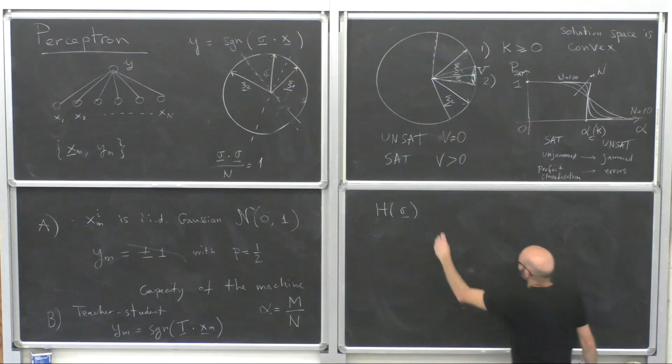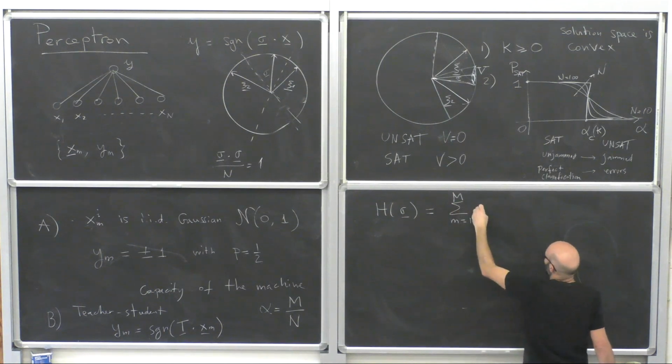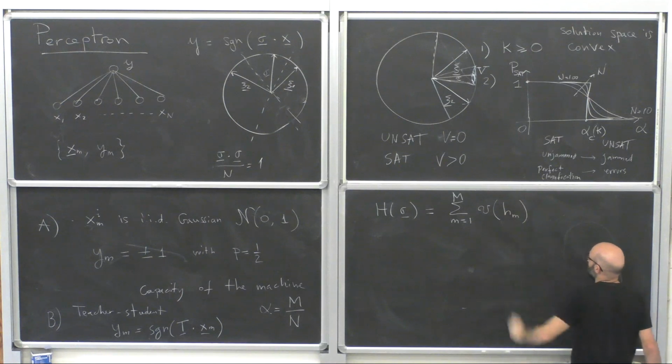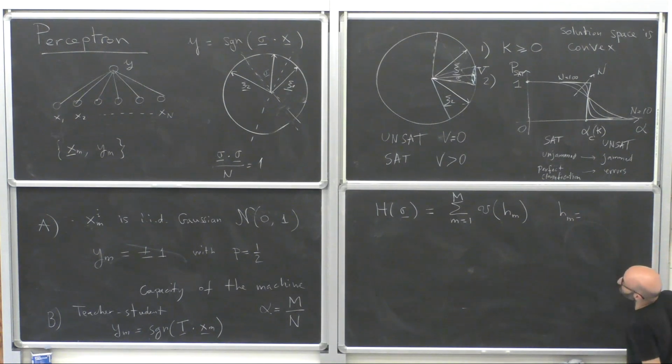I will write this as a sum over M from 1 to large M of a potential V that depends on HM, where HM is the constraint that I erased. Sorry.